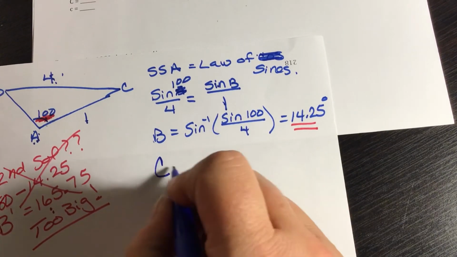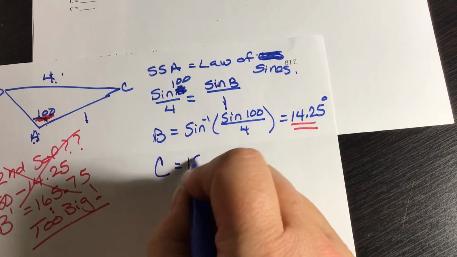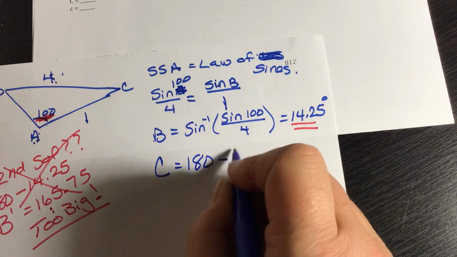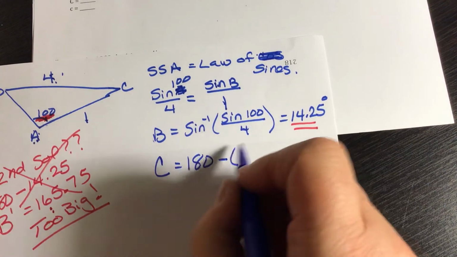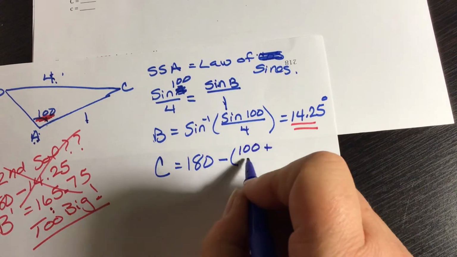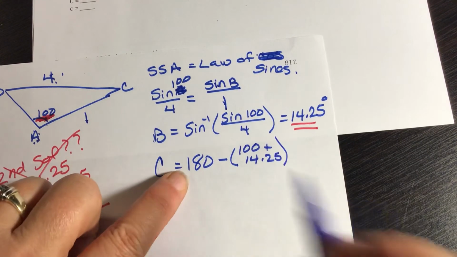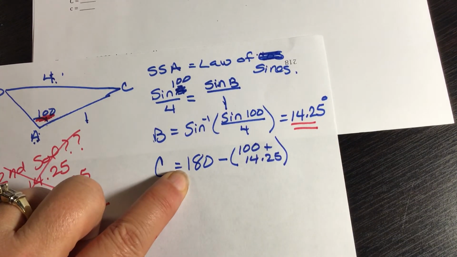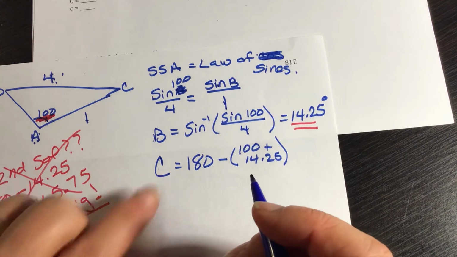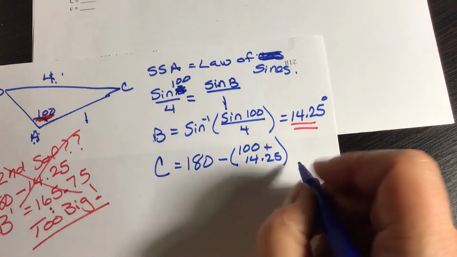So to find angle C, I'm going to take 180 and I'm going to subtract 100 plus 14.25. And that'll tell me what's left over. And that would be 65.75.